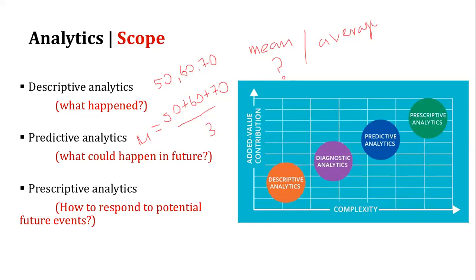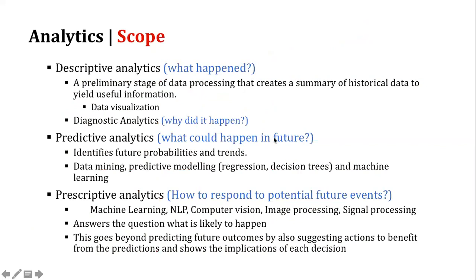If the last week's rainfall is 20, what will be the rainfall next week? If it is 75, what will be the rainfall next week? This is what we call what-if analysis, scenarios. Okay, we'll move on to the next.